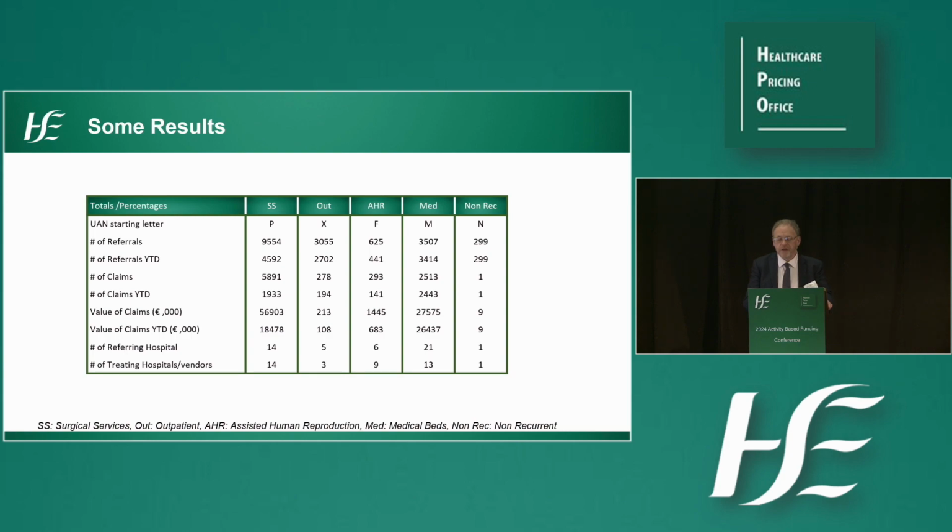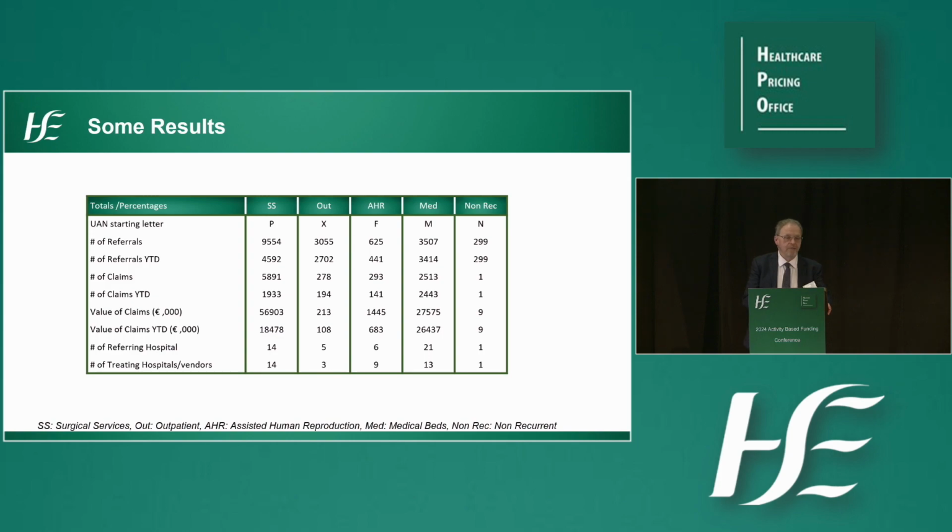What you're also seeing is the number of claims, and this is a little bit less because some claims haven't gone near the private hospital yet; they're in process, or some have gone through the private hospital but haven't actually been claimed for yet. So you see a slight reduction in claims. You see 5,891 for surgical services, 278 for outpatients, etc. And you can see the value, and that's in thousands.